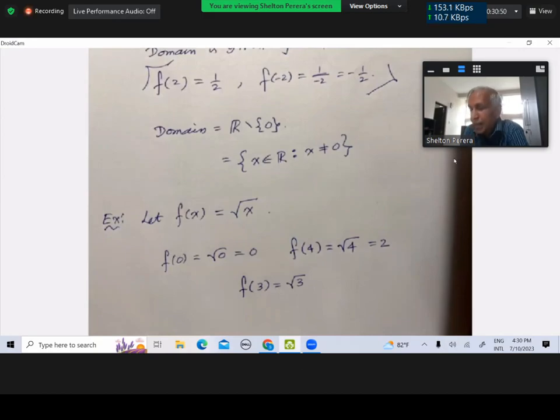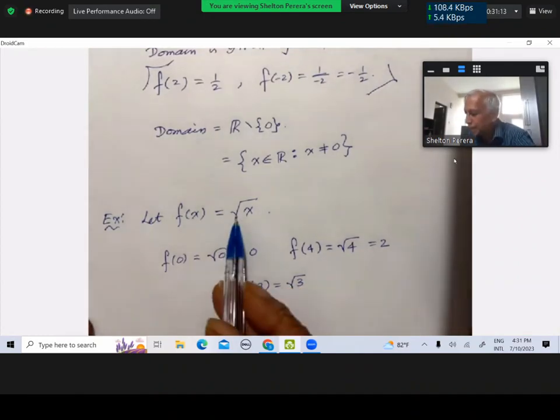You don't get used to thinking of those as real numbers. Square root 2 is like 1.4 something. Its decimal expansion never stops. It's an irrational number.